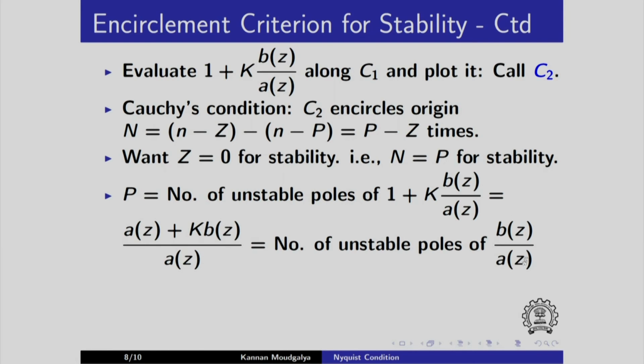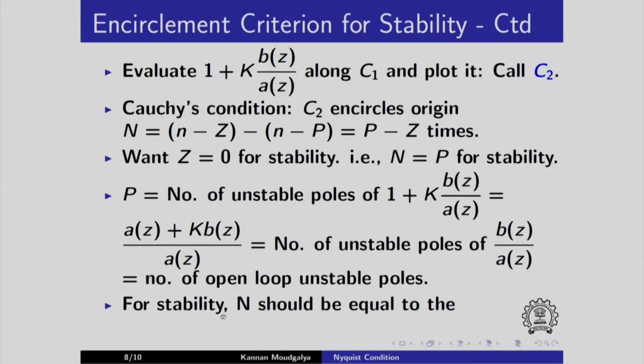But remember where b and a come from. They come from this factor, and hence we conclude that this p is the number of open loop unstable poles. A is the denominator of our transfer function g of z, and hence this capital P is the number of unstable poles, and hence p is the number of open loop unstable poles.